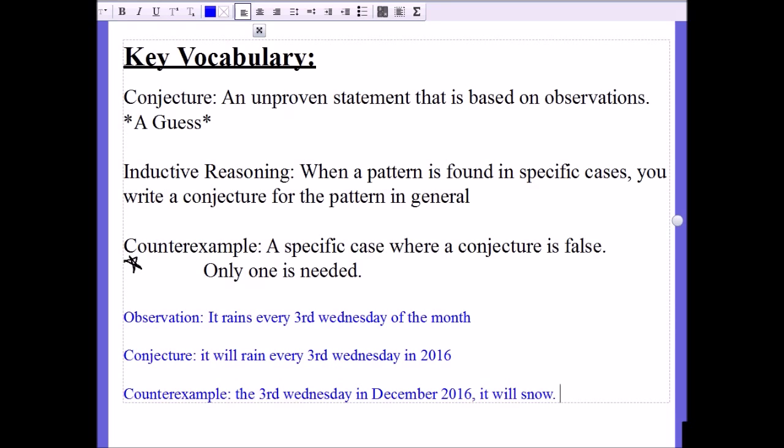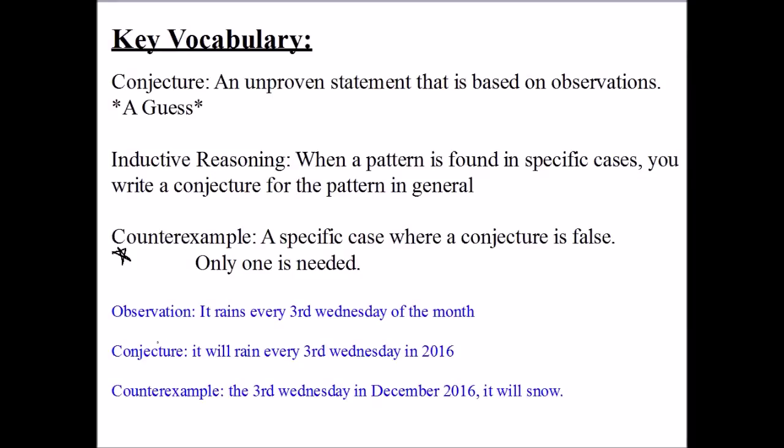It's going to snow, it's not going to rain. So your conjecture turns out to be false, because every third Wednesday in 2016 it needs to rain. The counterexample is that it's not going to rain in December 2016 for the third Wednesday. So you've proven your conjecture wrong, and you need to come up with a new conjecture.